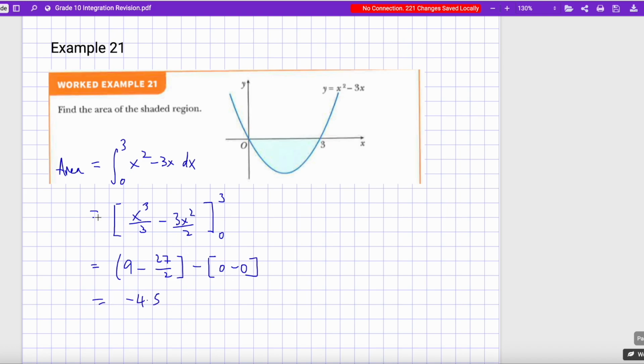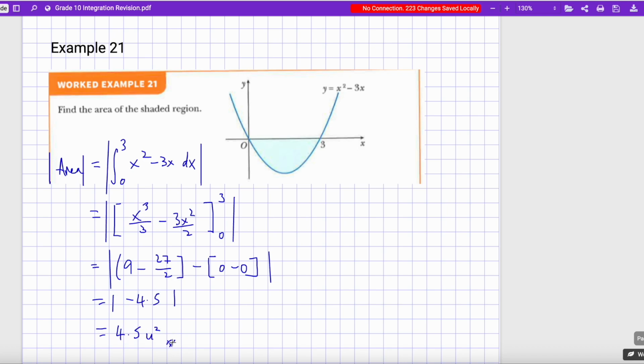So area cannot be negative, right? So we will basically say that the modulus of the area, meaning to say I'm going to mod this whole thing, okay? That should be basically, just put a mod sign all over, so the answer will be 4.5 units squared, okay?